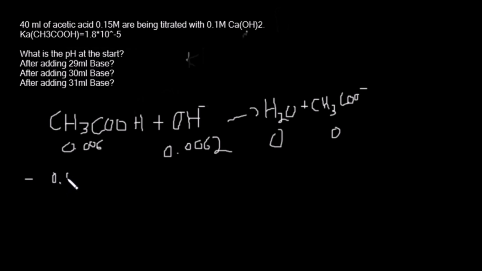So in this case, the acid, we're going to get 0, and here 0.0062 minus 0.006, we're going to get 0.0002.